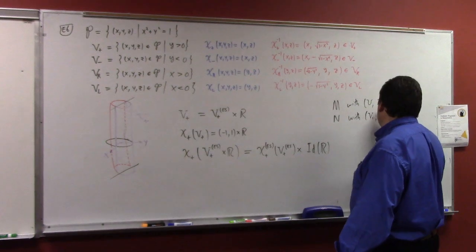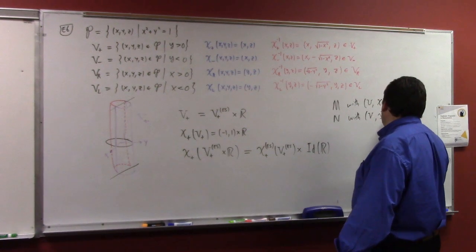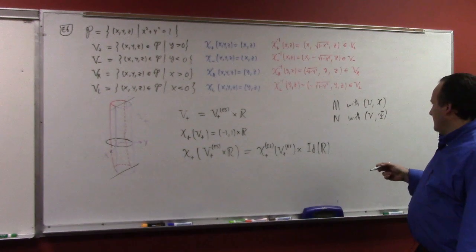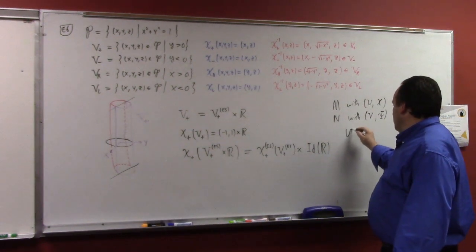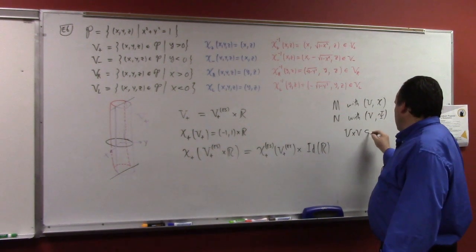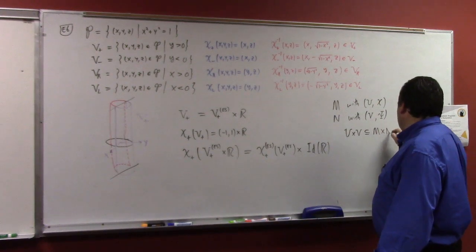As a chart, there's no need for ones here, v and psi. Then u cross v is a subset of m cross n, right?